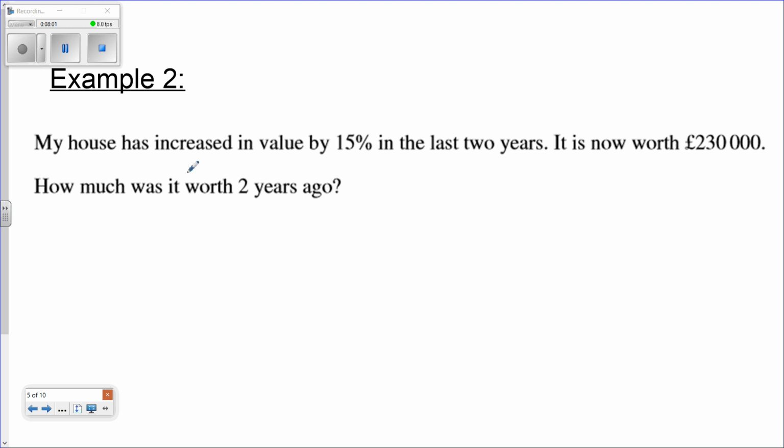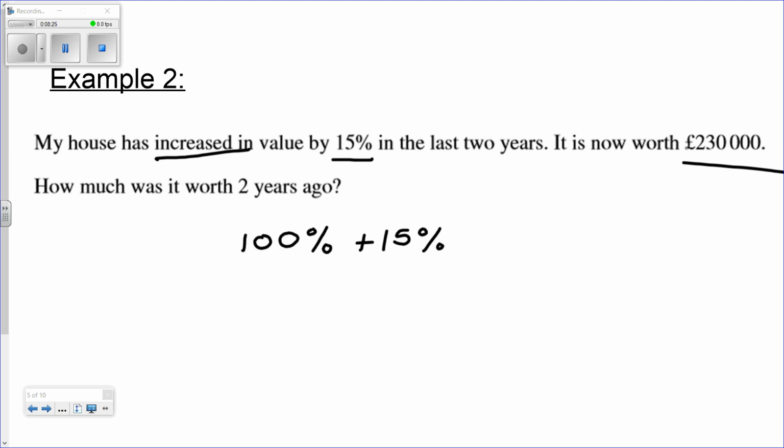My house has increased in value by 15% in the last 2 years. It is now worth 230,000. How much was it worth 2 years ago? So we had the house 2 years ago, and it was 100%. Then the house increased in value, so it went up by 15%, and it's now worth 230,000.